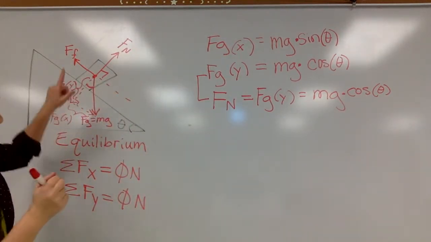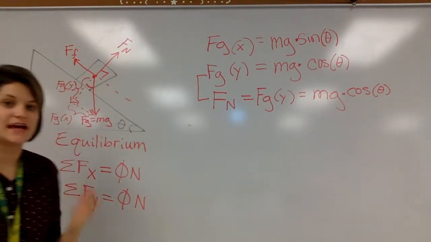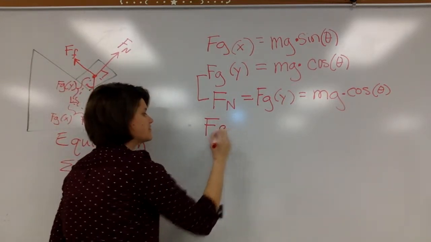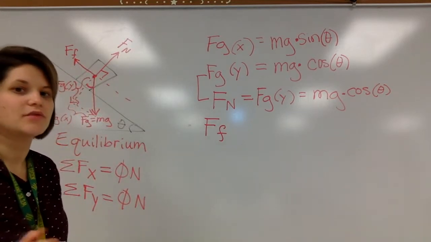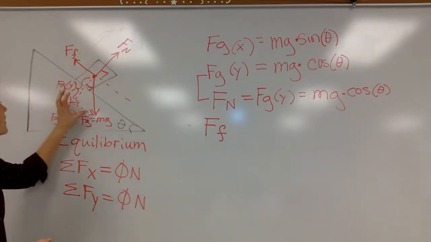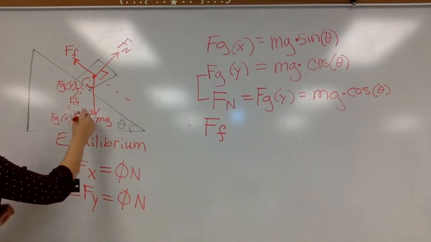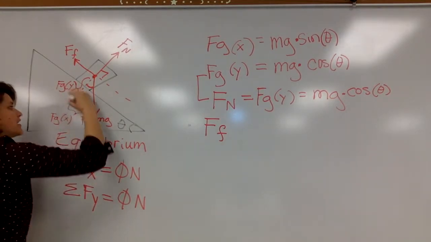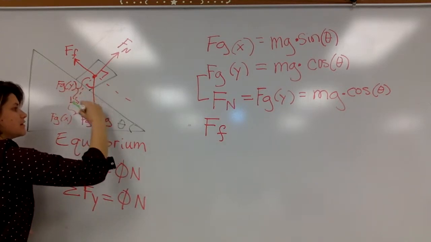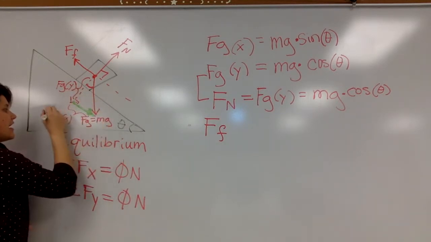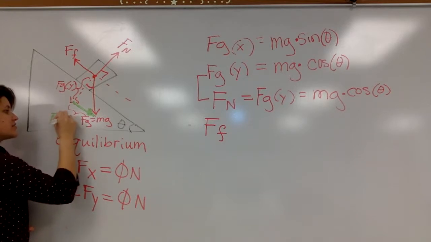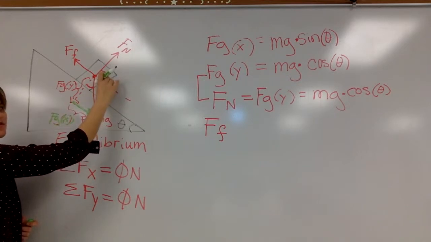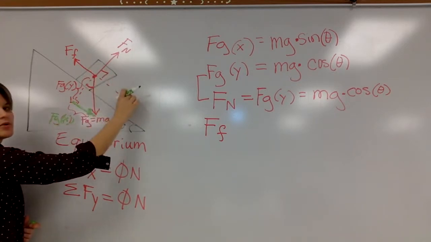Now then, force of friction, whether it's static friction or kinetic friction, has to be equal to this component here that's acting parallel to the surface. So this component right here, Fg in the x direction, this component that's acting parallel to the surface is the force that's pulling down.